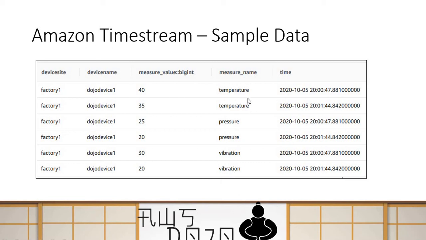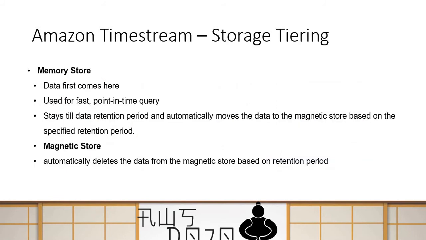And each of these measurements comes with a certain timestamp. So you get your timestamp, your measurements, which have a value and a name, and then you have the dimension. This is a record, and this whole thing is inside a table, and of course the table is inside your database. Simple.